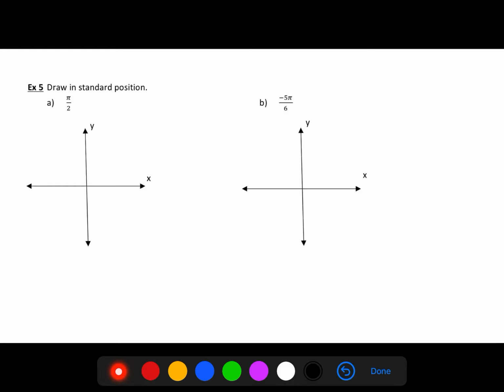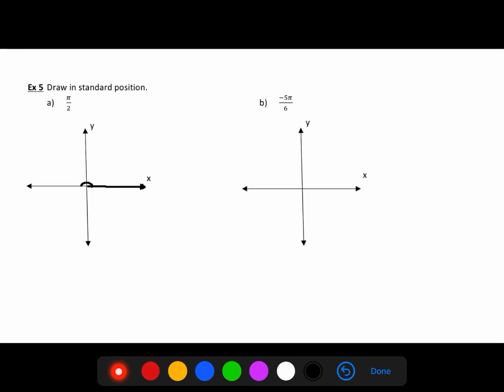Now, drawing in standard position, we want to keep in mind we are going from our initial arm of the x-axis. We know that a full rotation all the way over to here is pi.